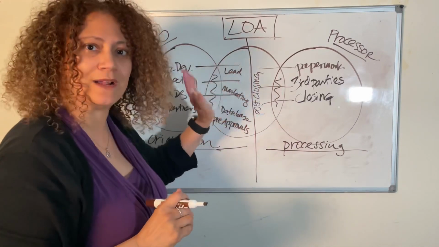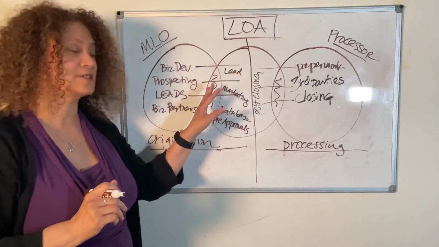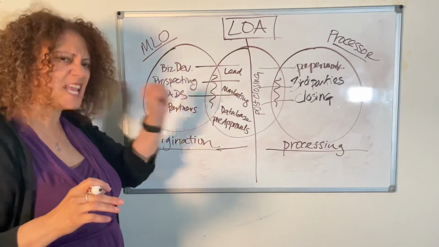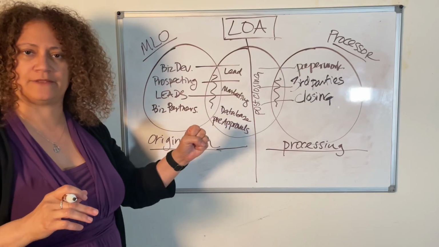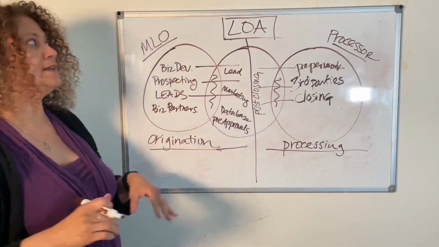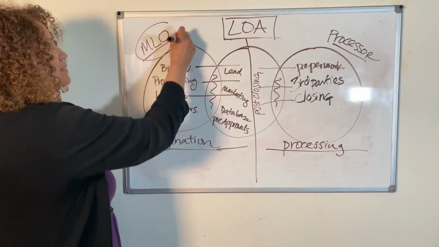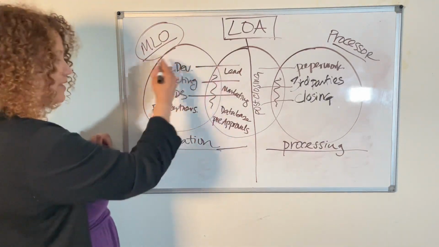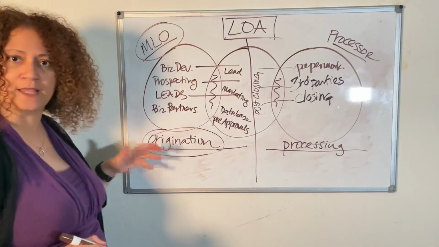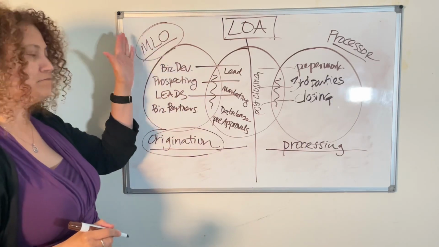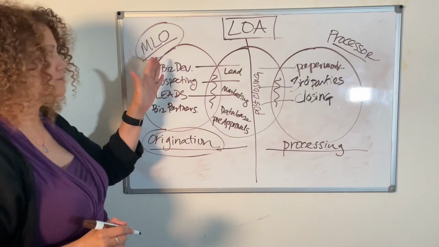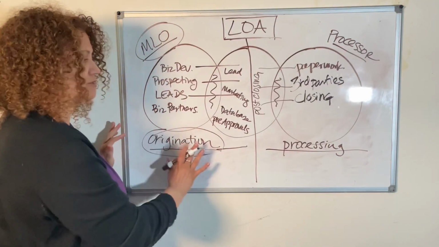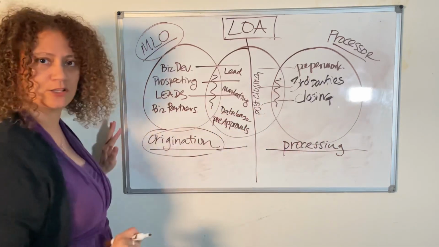But this is where it gets confusing. As a loan officer assistant, if you're out there looking for information of what exactly is it that I'm supposed to do as a loan officer assistant, what makes it confusing is your loan officer, they are the president and CEO of their originations. So they are most likely commission only. So they make their money by originating as many loans as possible and making sure that they close.